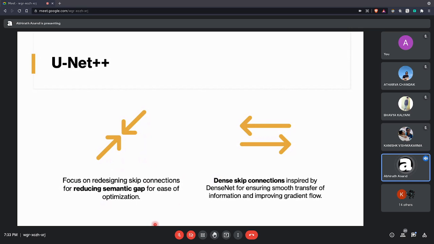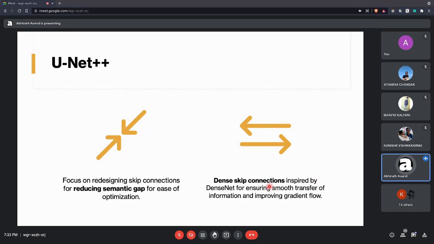If there is a huge difference in this semantic gap, which means what the pixels actually mean, then optimizing this network can be really difficult. And they wanted to redesign these connections so that the difficulty is reduced. The other thing they've done is introduce dense skip connections.